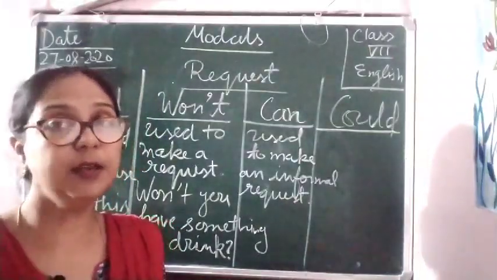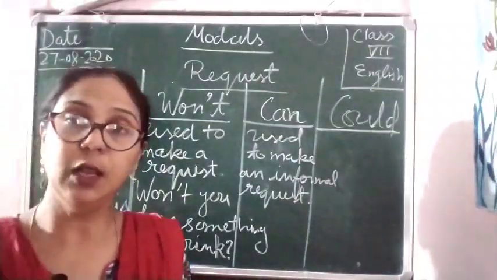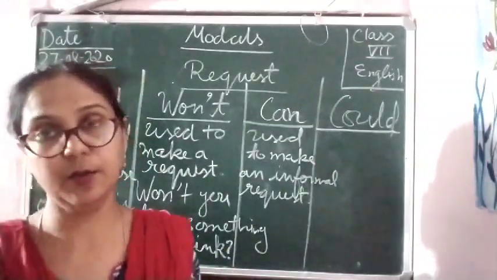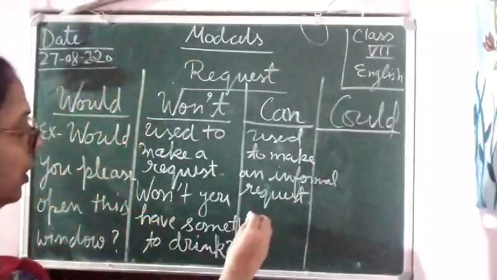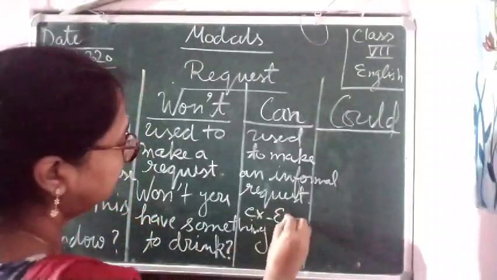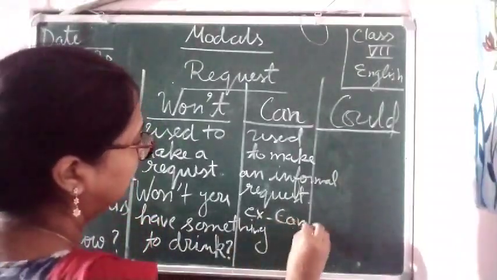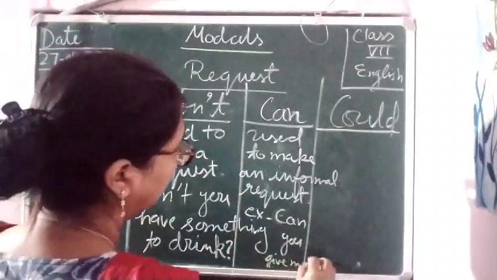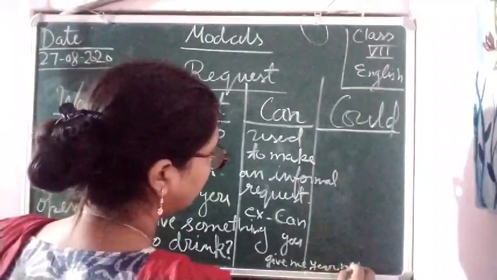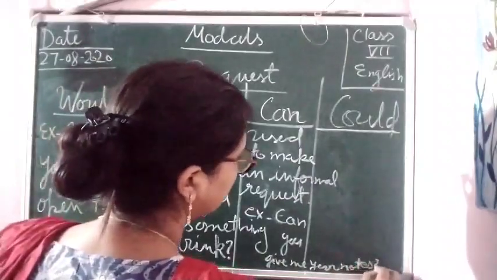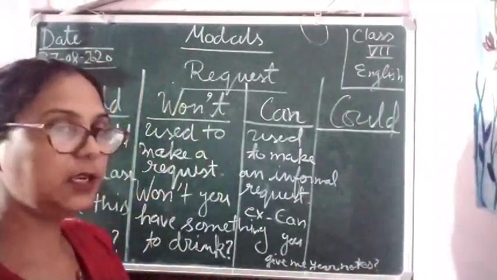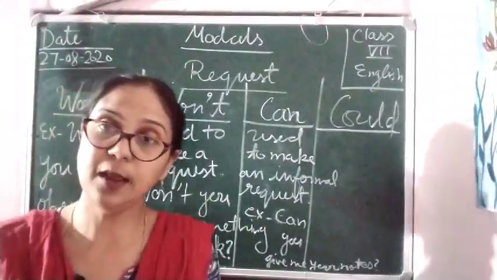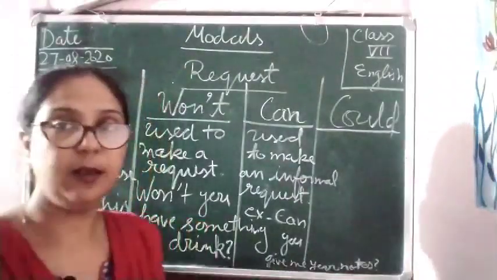You always have to learn that it is always used in an informal way whenever you are requesting. For example, can you give me your notes? Because in a very informal way you are asking or requesting another person, at that time you can use can.